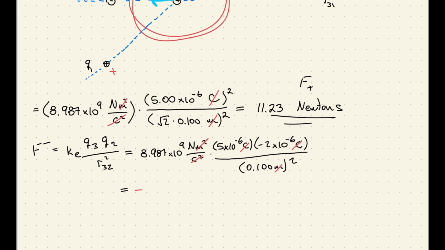And we get a minus sign, which is correct because it is an attractive force. We also have a minus sign right here, which has no other minus sign to cancel with. So we get 8.987 newtons for the minus force.